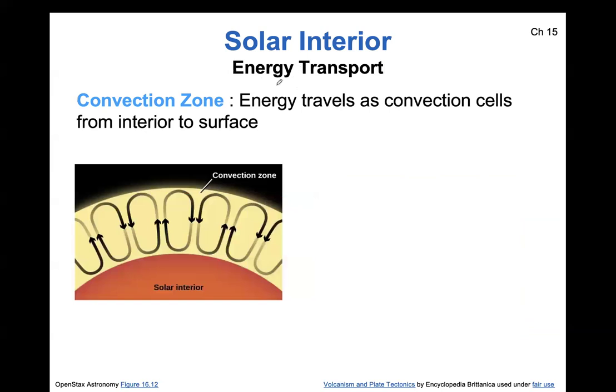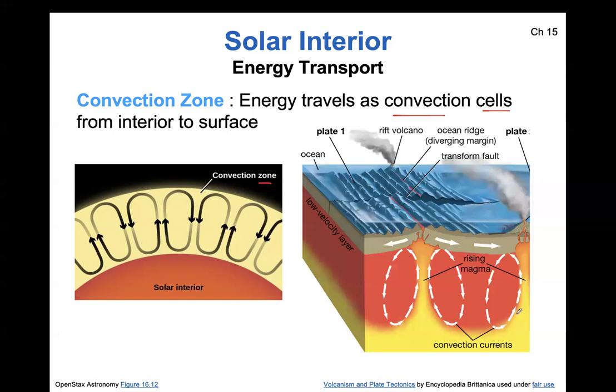The convection zone has that energy that travels as convection cells. Cells is the name given to each of these closed loops, also sometimes called zones, as the figure shows. The notion of convection cells is the same as rising magma and sinking magma that happens beneath mid-ocean ridges on Earth, and is the driving mechanism of our plate tectonics.